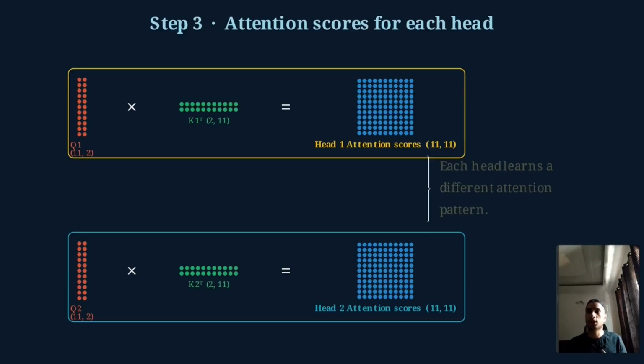So we get an 11 by 11 score, which is similar to what we had even without multi-headed attention. You can see the head 1 attention scores and the head 2 attention scores both have the same dimensions. This is necessary. The reason I'm telling you this is it will come in handy later.